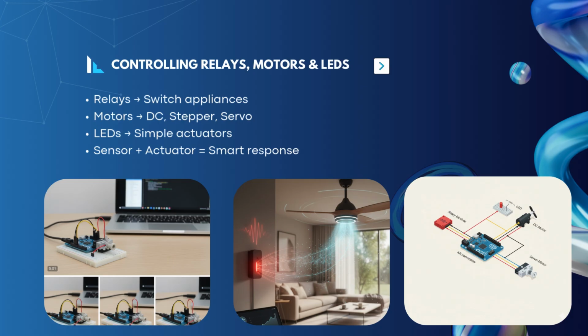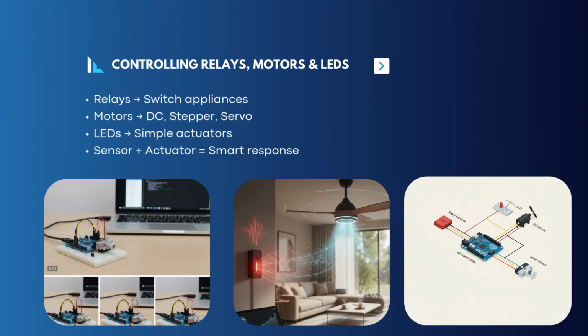LEDs are the simplest actuators, providing visual feedback or lighting. When combined with sensors, actuators create smart systems. For example, motion detected by a PIR sensor can trigger a relay to switch on lights. Temperature readings can control a fan motor. Humidity levels can activate water pumps in agriculture.